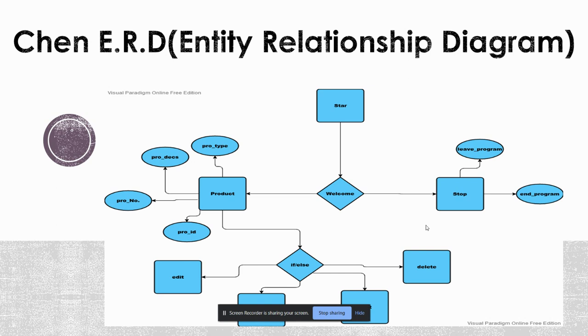Venn diagram. Basically the same. You have your start, you enter the welcome system where you choose to reach the product, which would give you the product type, product number, and product ID.